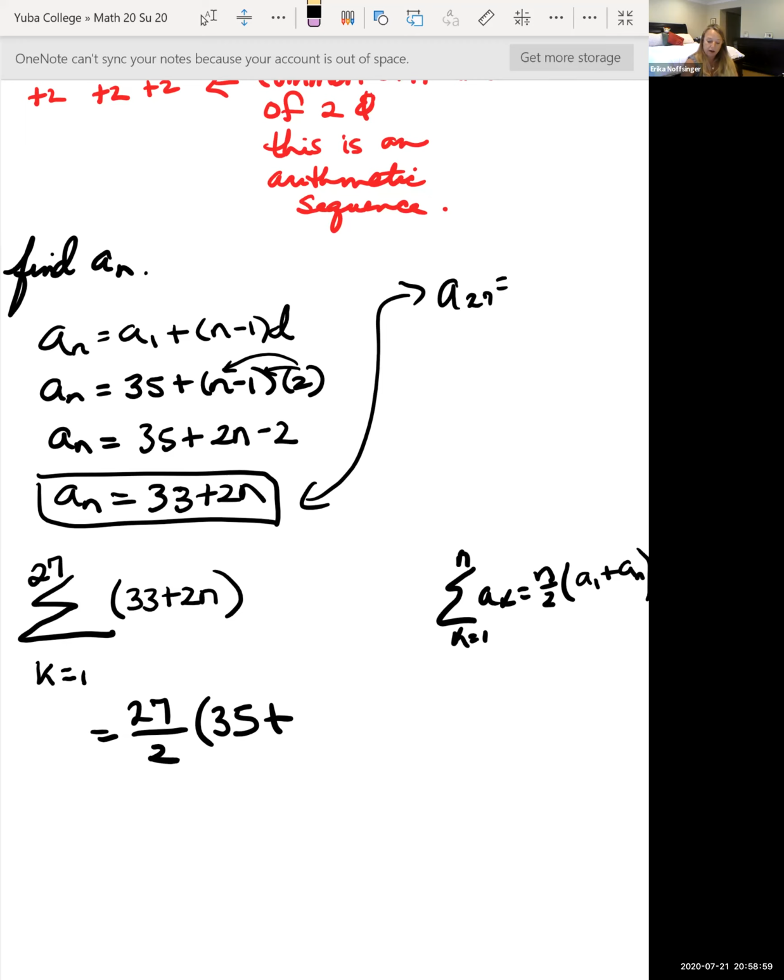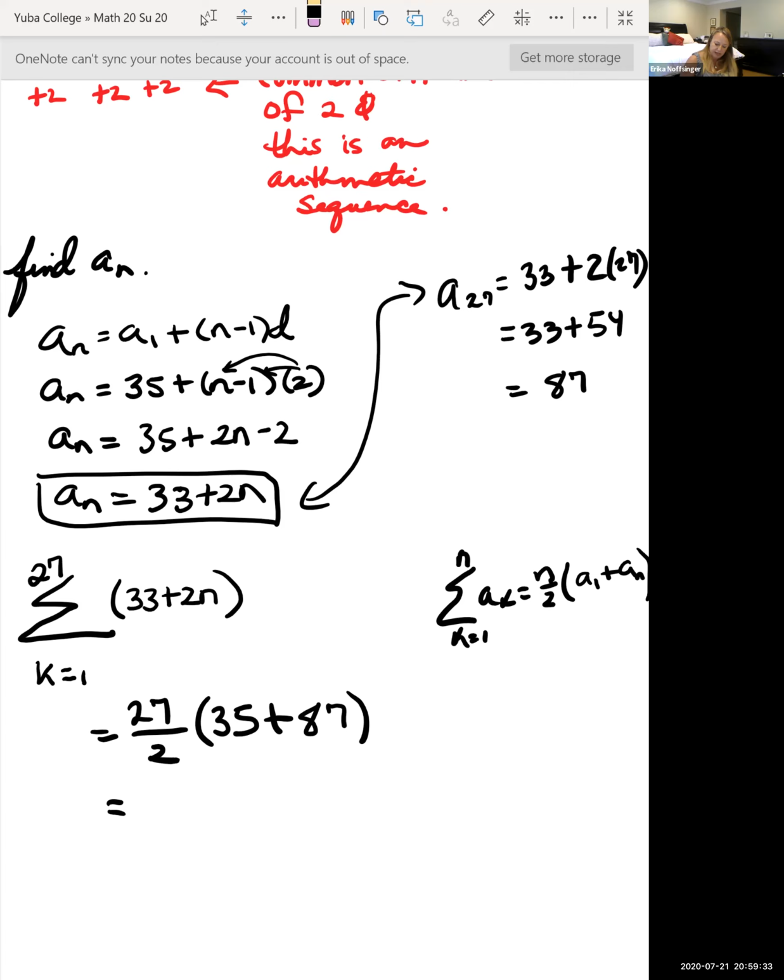Well, we can figure out what any row is by our formula now, which we found. So this is 33 plus 2 times 27, that's 54. So 33 plus 54, that would be 87. So that was just side work to add my last row of seating, so plus 87.